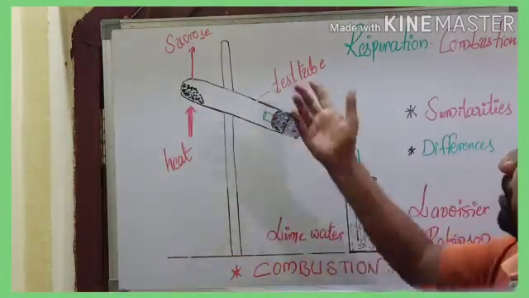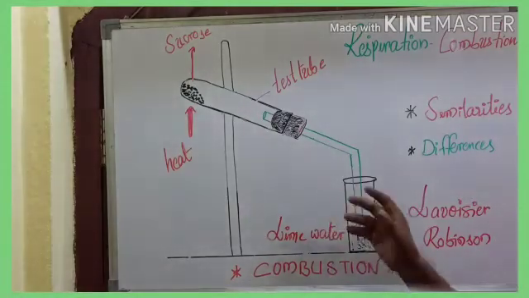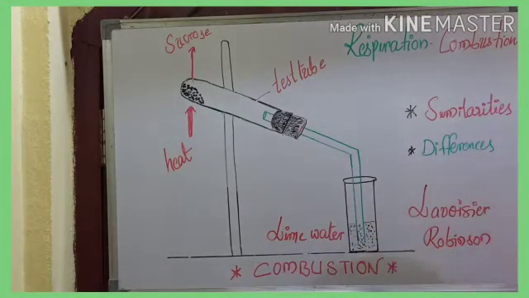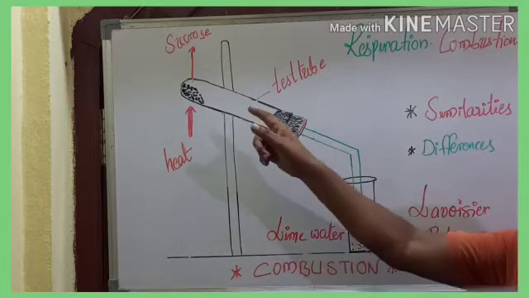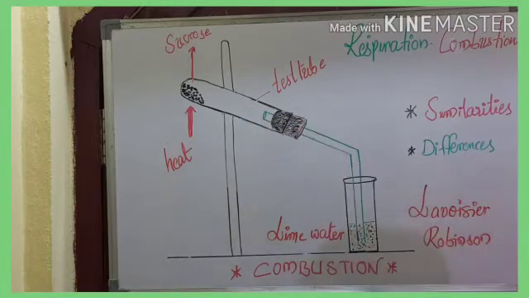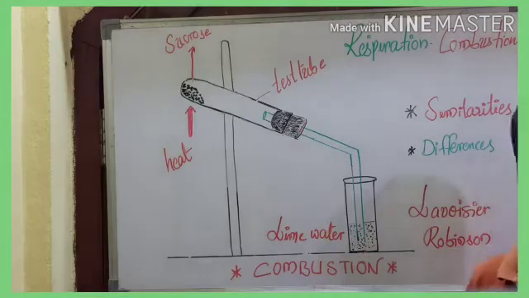To observe the changes in combustion, the required apparatus are test tubes, rubber holders, stand, sucrose or sugar crystals, and a collecting tube or delivery tube. The required chemical is lime water or calcium hydroxide.